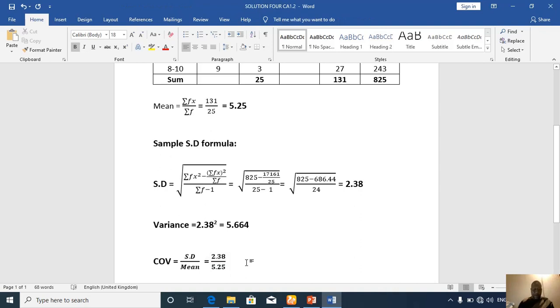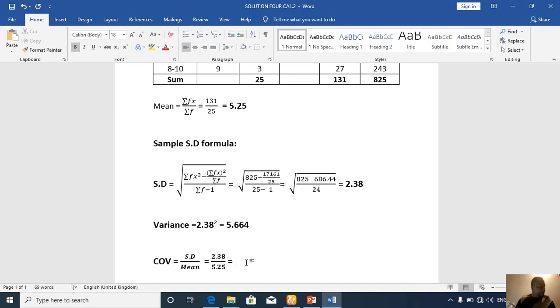So our coefficient of variation, you multiply by 100, so this is going to be 2.38 divided by 5.25.